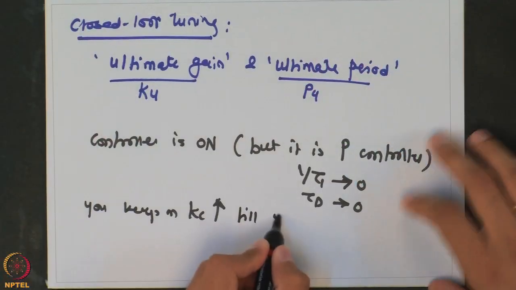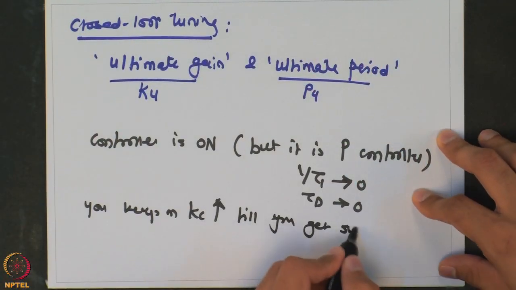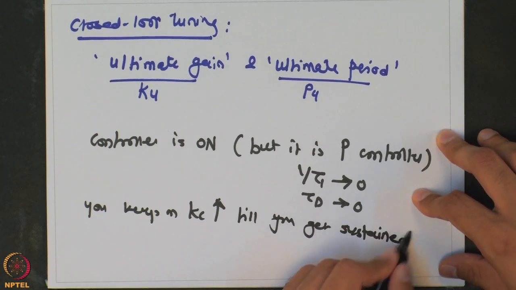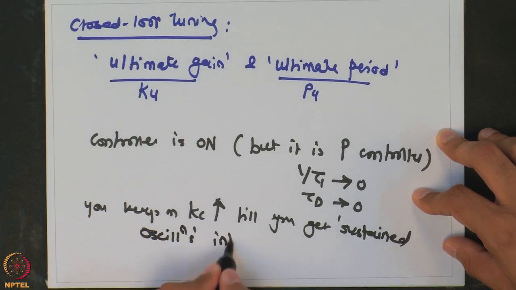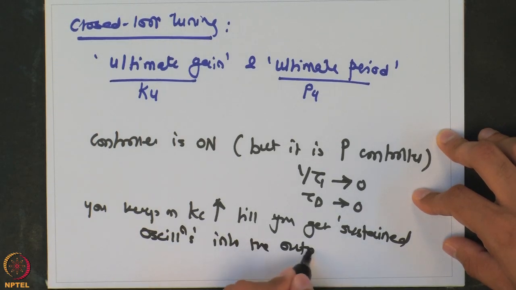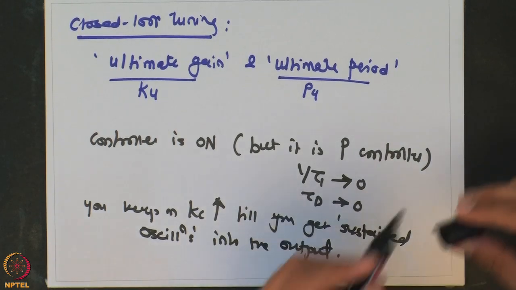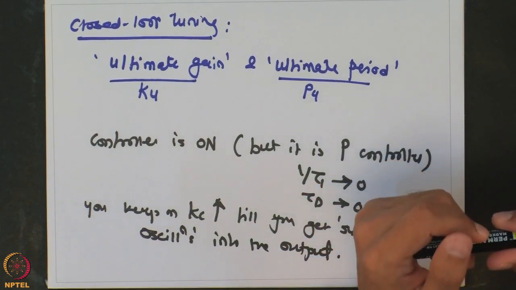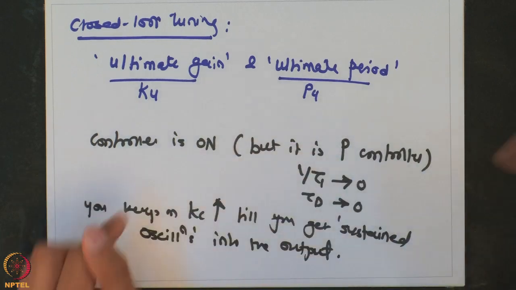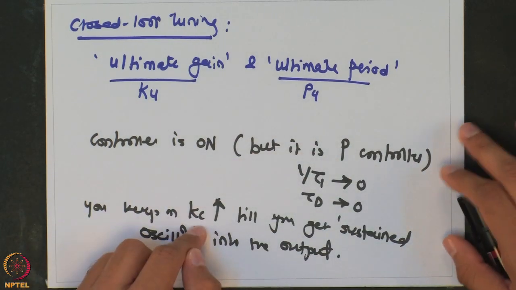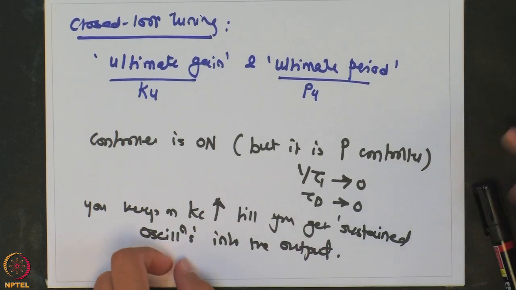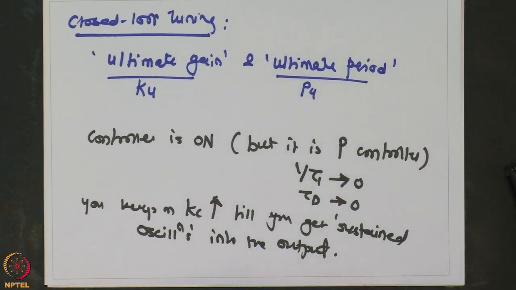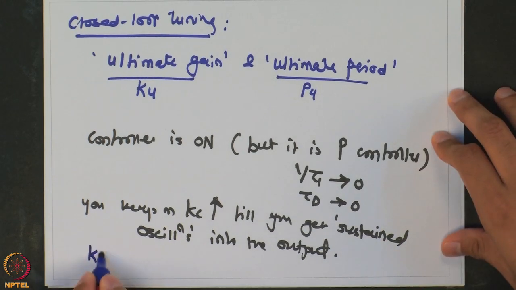That means, till you get sustained oscillations into the output. So, having sustained oscillations would mark the boundary of stability. So, the objective is to find a controller gain, a proportional controller gain, which will give you sustained oscillations, and that gain is known as the ultimate gain.